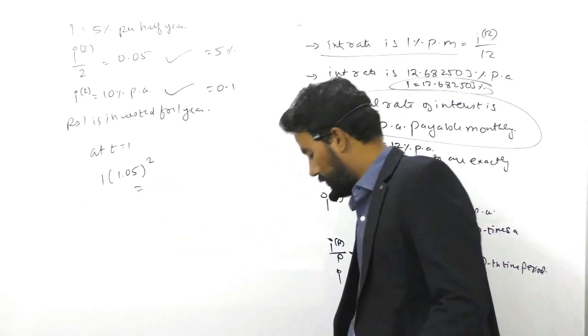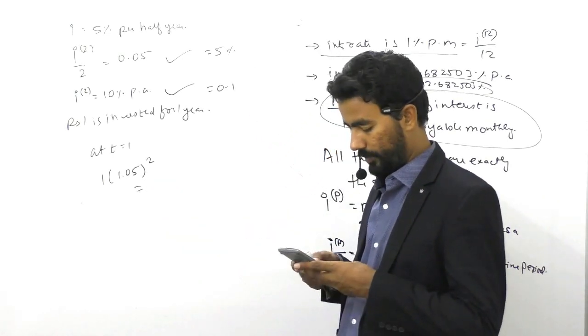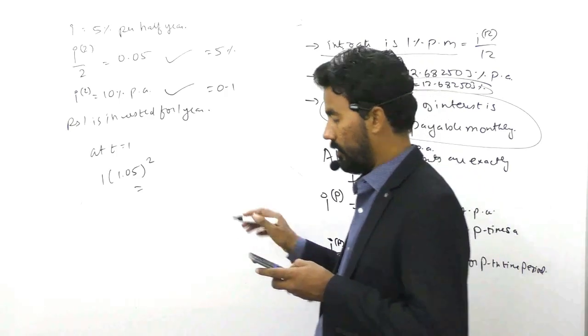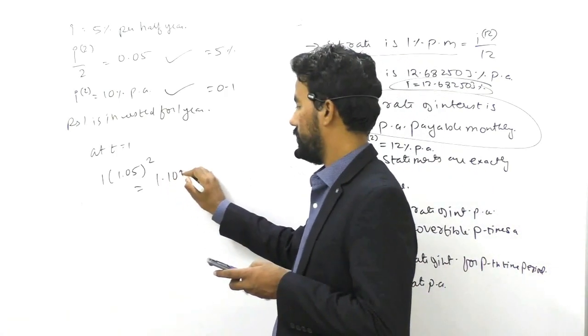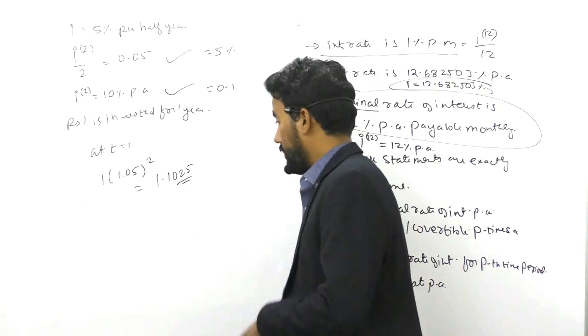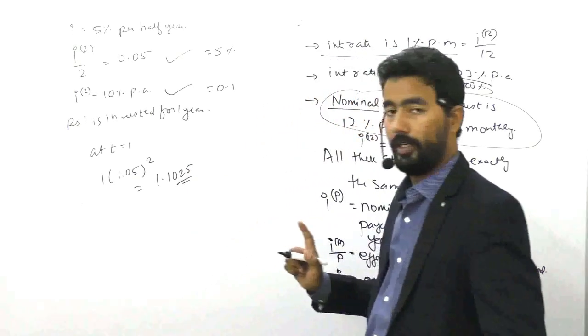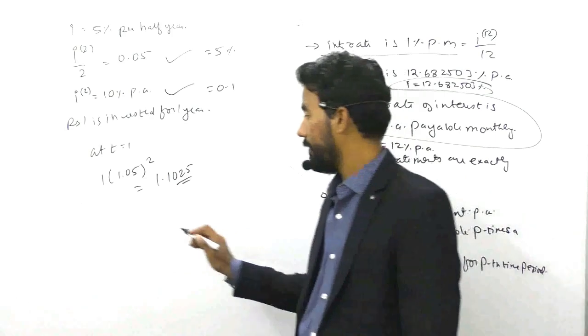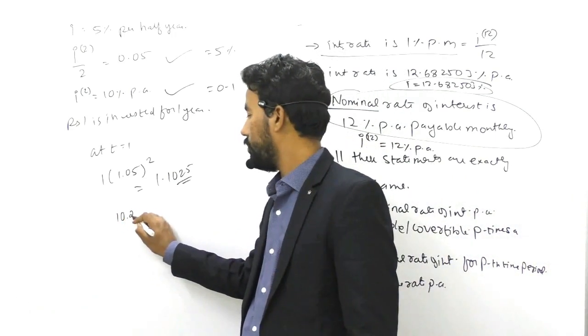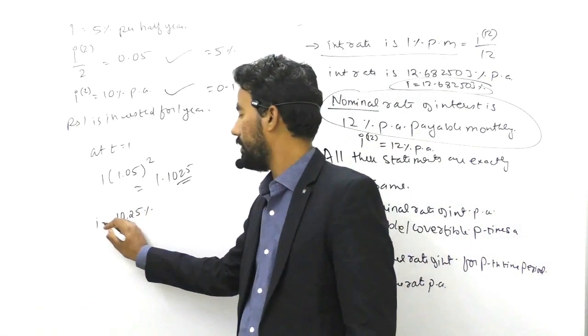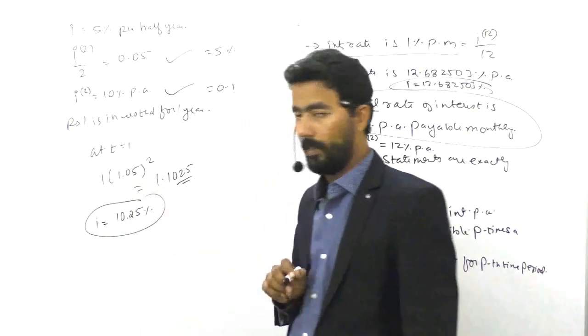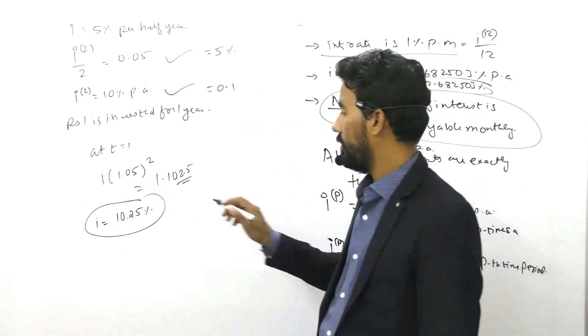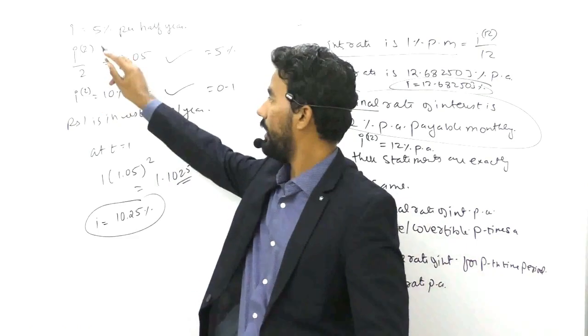It is 1.1025. That means if you invest 1 rupee, you will get 0.1025 rupees extra. That means 10.25% is your i per annum. So this is how you convert i, i2 and i2 by 2.